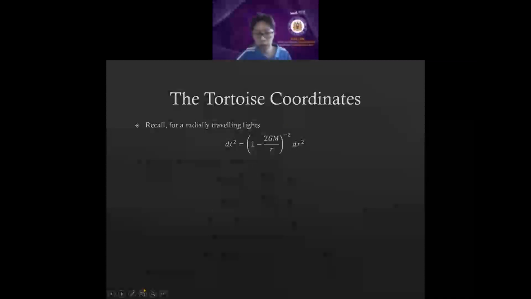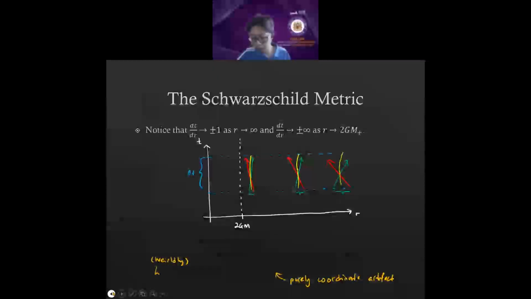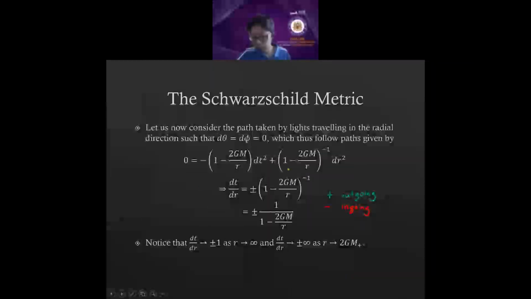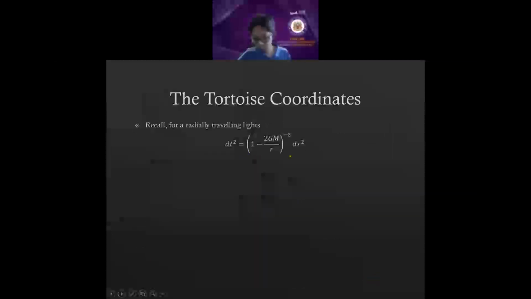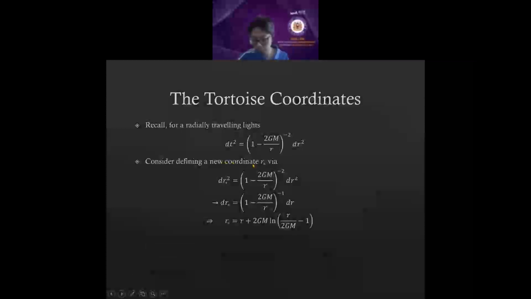So just now, the defining equation, this one here. Okay. What I can do is define a new coordinate system, which would often be denoted by r star, by letting dr star squared be equal to everything on the right hand side.